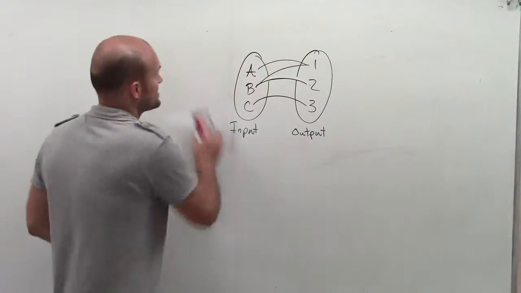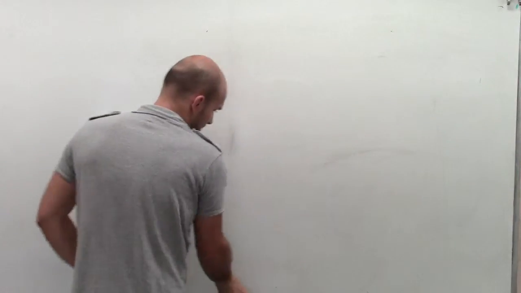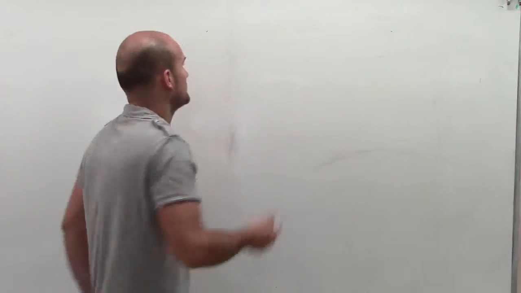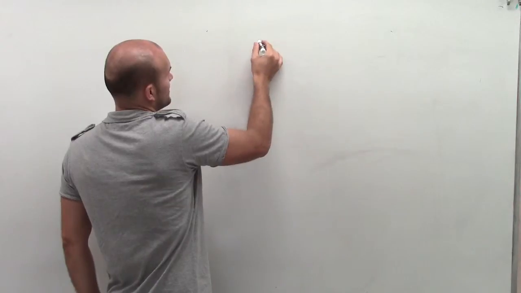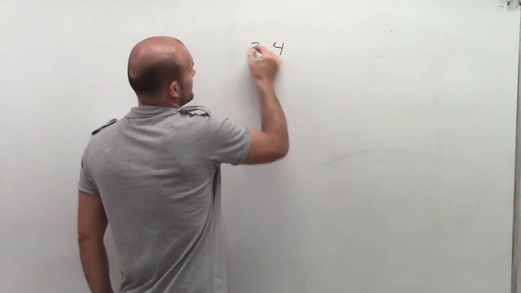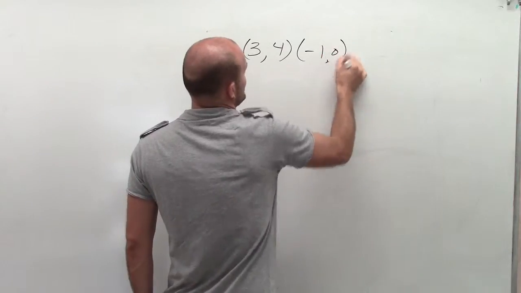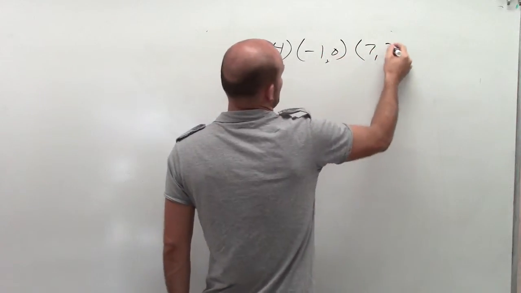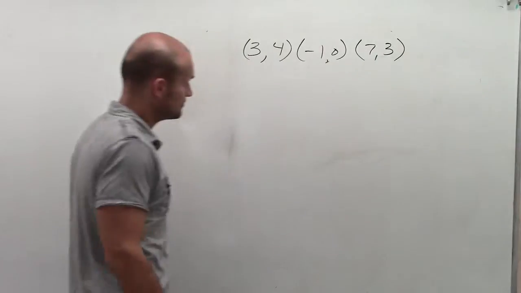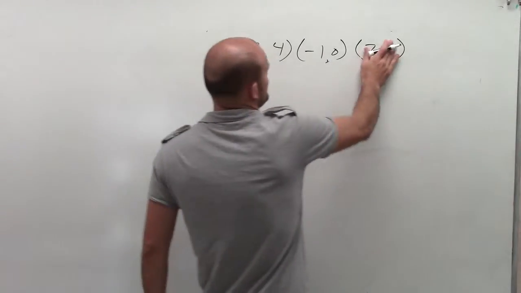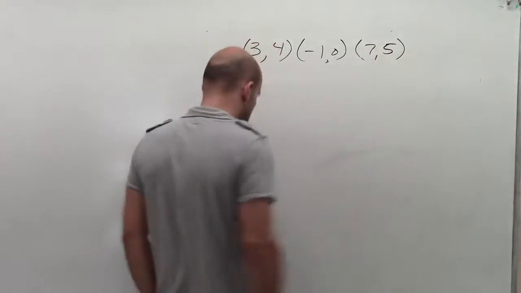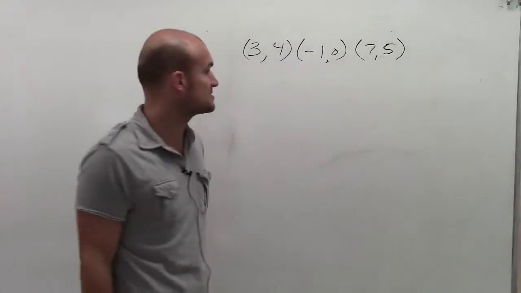Let's take a look at ordered pairs, because that's going to come up a little bit more. Let's say I have a set of ordered pairs: (3, 4), (-1, 0), and (7, 5).